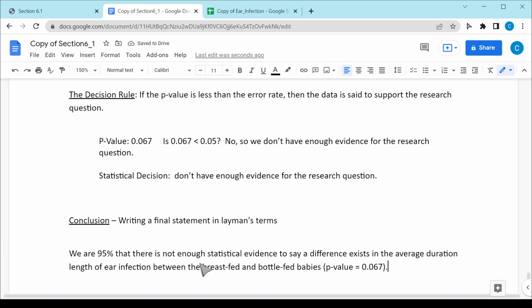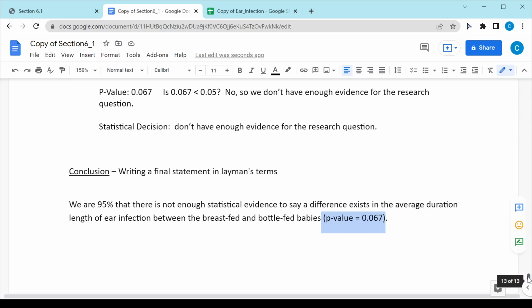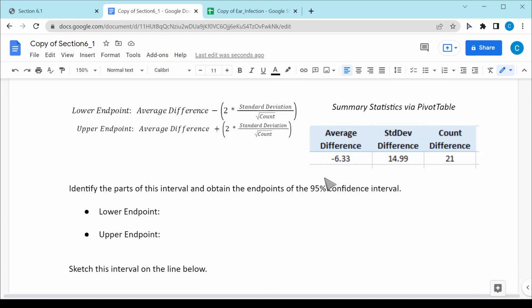So again, it has the 3 parts. Do not have enough evidence this time. Whatever the research question is, and then put that p-value in there. Let's go ahead and compute the margin of error, or the confidence interval. So here, again, my average is negative 6.33. And then I need to subtract 2 times the standard deviation divided by the square root of the count.